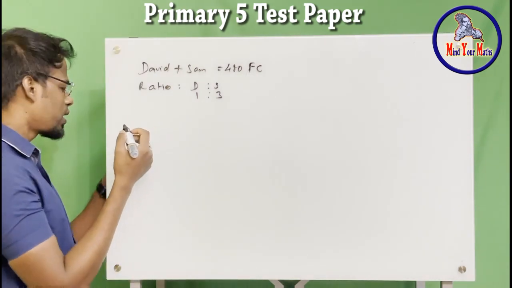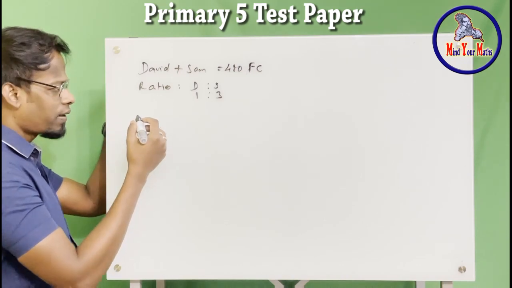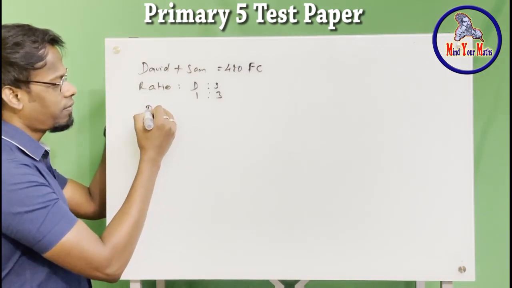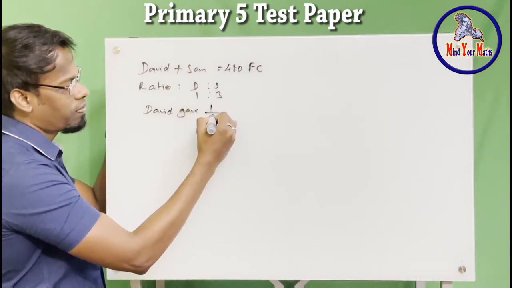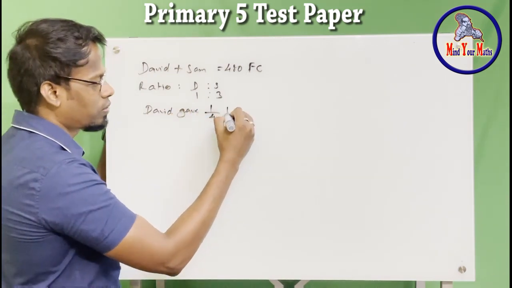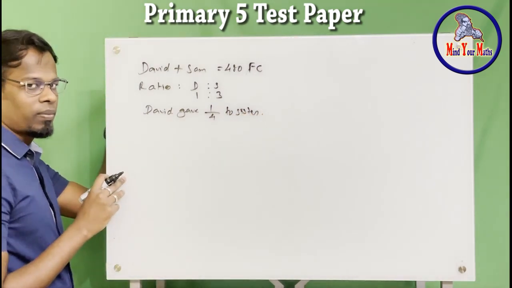So now what is the next one? David has given away a quarter of his coins to his sister. So David gave 1/4, which is a quarter, to his sister. So that's what is given in the problem, right?